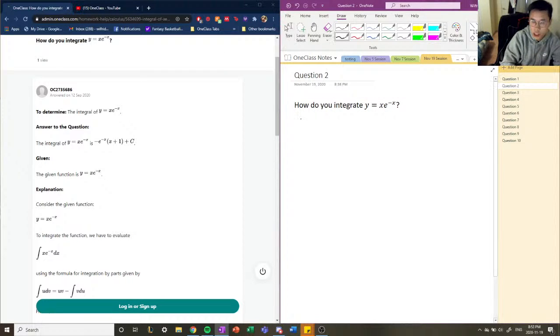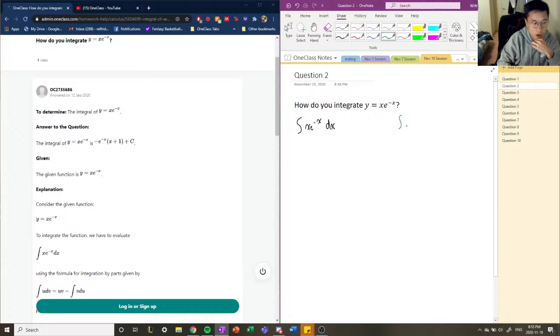So we're integrating in terms of x here, so we're going to write the integral of x e to the power of negative x dx, okay? So the integration by parts formula suggests that we take two separate substitution variables, and those two variables can be expressed as the integral in this way.